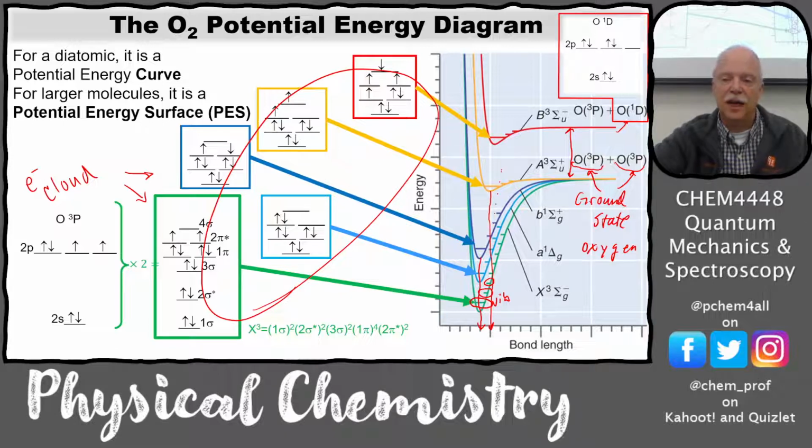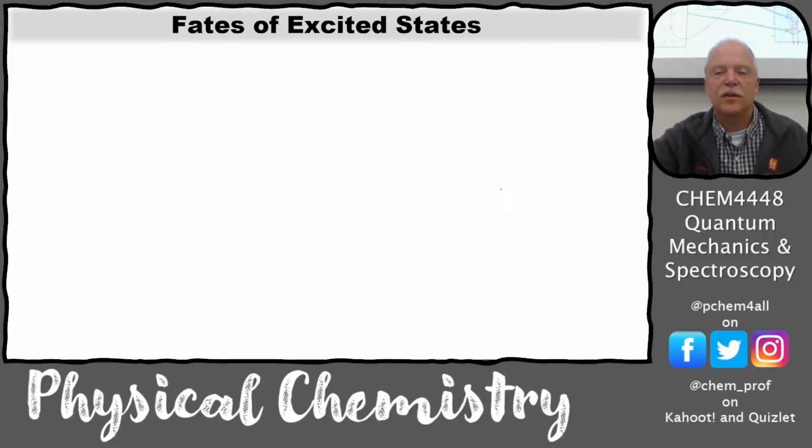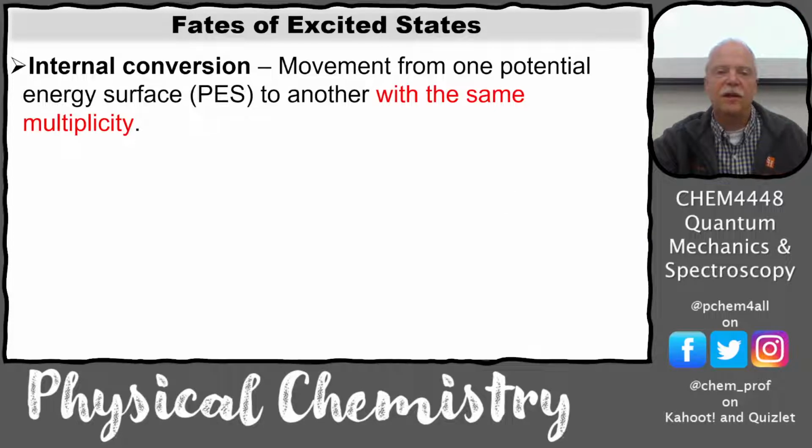So if we excite an electron into, say, this level, now we're on this surface here, we might be able to move from this surface over to another surface, and then over to another surface, and then to another one. And so we could work our way back down to the ground state. And if those surfaces have the same multiplicity, meaning the same net spin, same character of all spins up or spin paired, then that's called internal conversion.